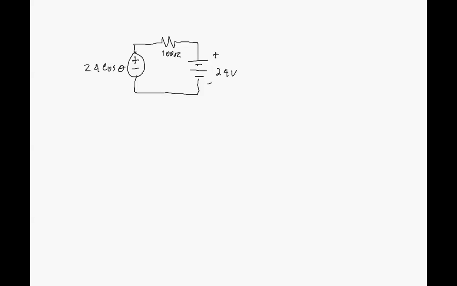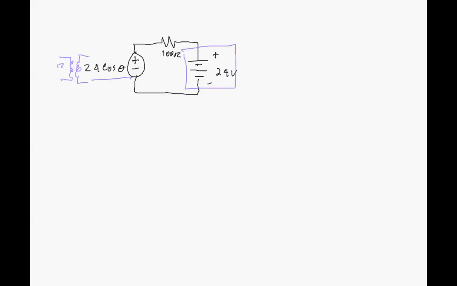So if we had a battery charger, one way you could imagine this is you might have a 12 volt automotive battery, and you might have a wall outlet. So this 24 cosine theta might actually be a transformer or something like that. It's supplying 24 volts.